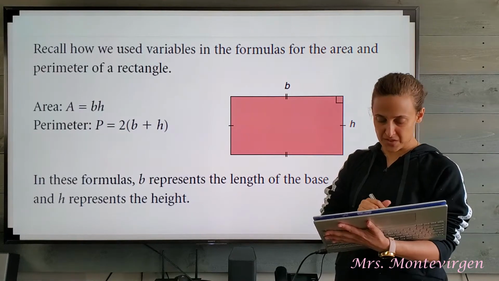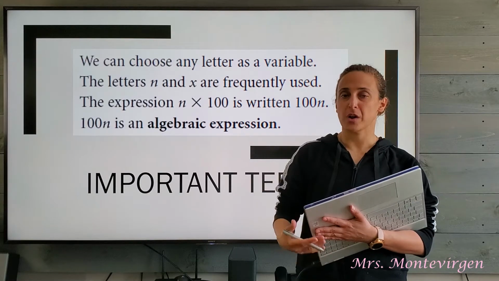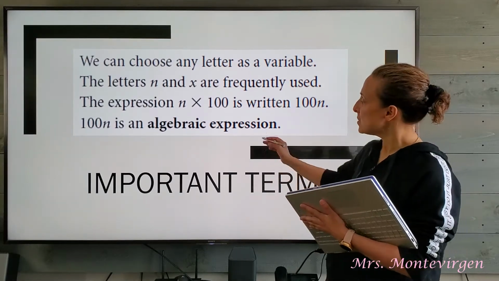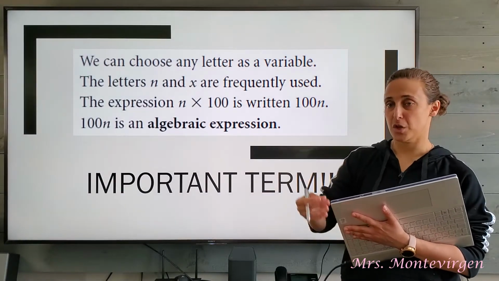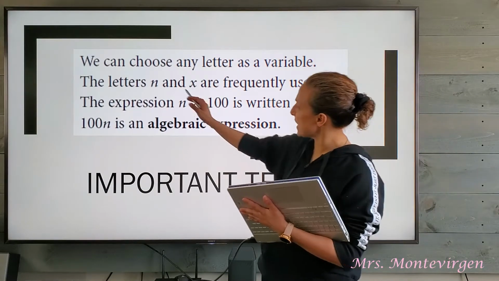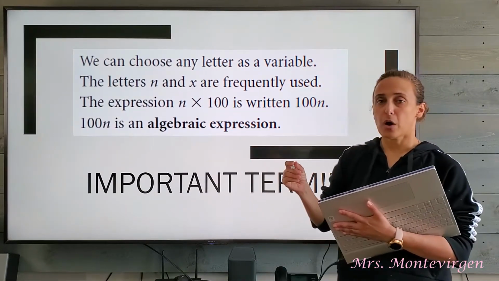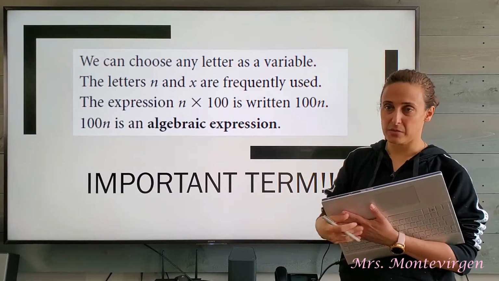Now, you've heard me say the word algebraic expression a few times. That's a word I want you to remember. So when we're dealing with algebraic expressions, we're talking about statements that you're actually writing to reflect different scenarios. In this case, n and x are what we call variables, and we use them to represent certain numbers.